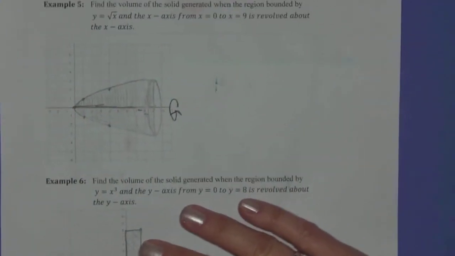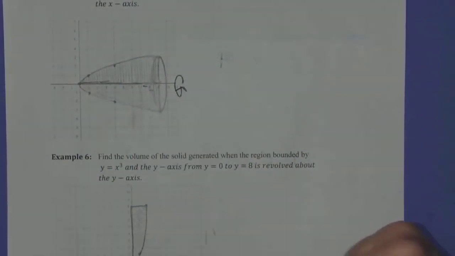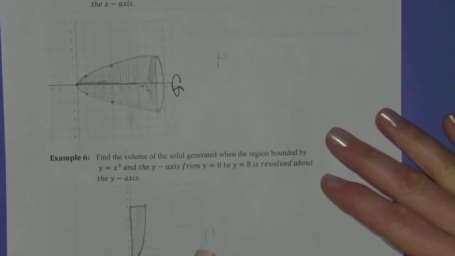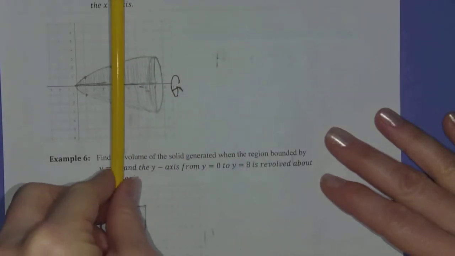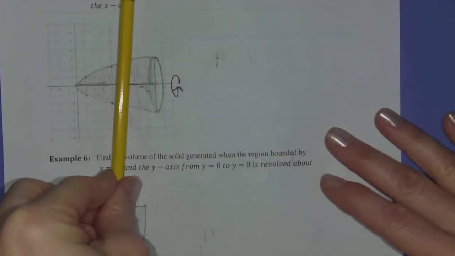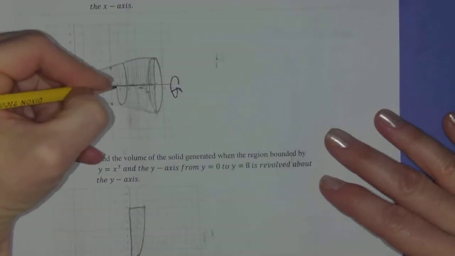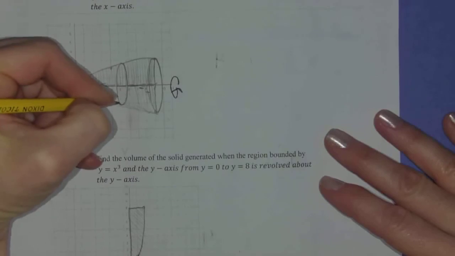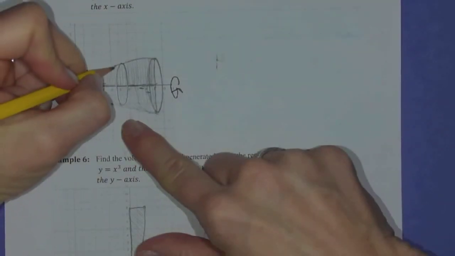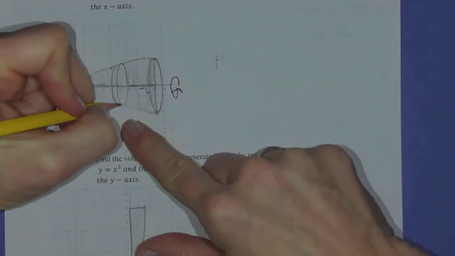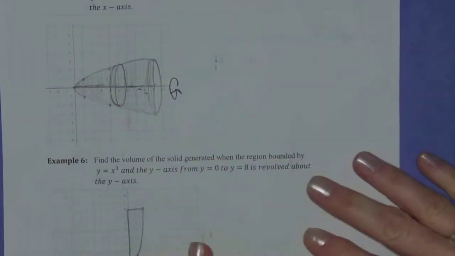Now we've got to figure out what our cross-section is, because once we figure out the cross-section, we're just going to basically add up the volume of a bunch of them. So cut perpendicular to the axis you're spinning around. Look inside. Hopefully you see a disc. Width, thickness, right here.